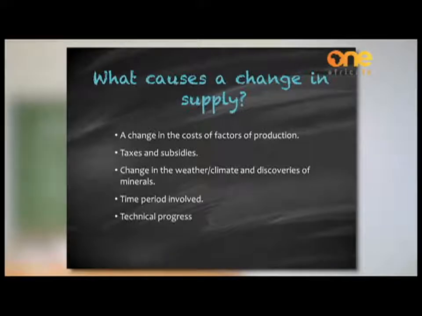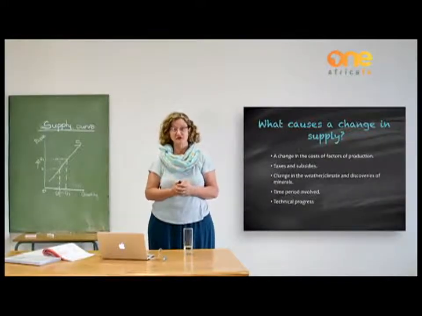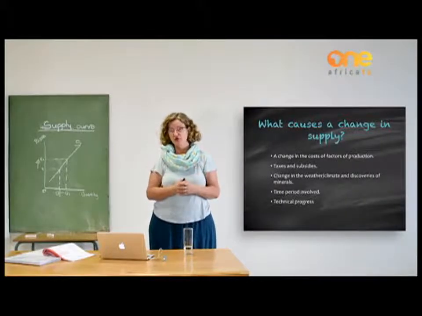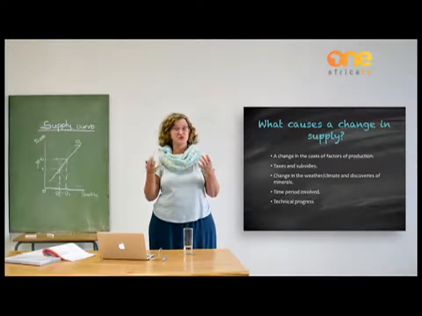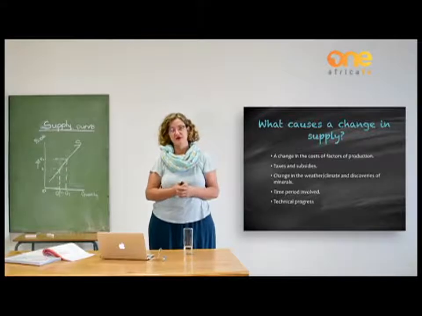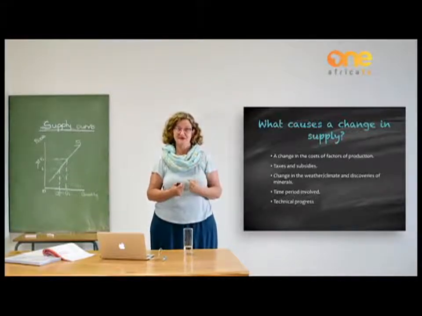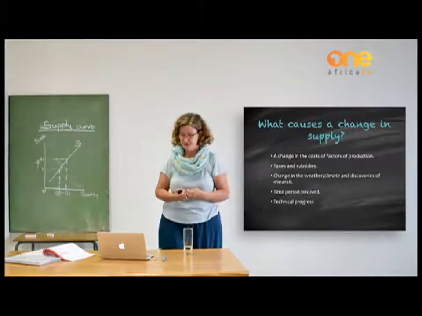So in a case like that, because of the new discoveries, the supply of the old form of electricity, which was produced by coal, will decrease because people demand a cleaner form of electricity.